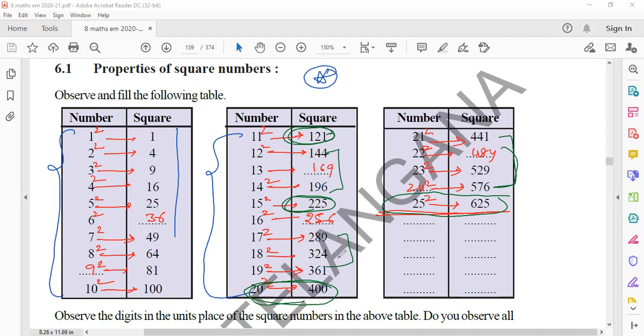In the examination, when we get 13 square we need not calculate it. We can say that 13 square is 169, since we have already remembered it. Okay, right? So please copy all the things. The squares up to 25 are mandatory for us. Up to 25 we need not calculate, we need to understand it. It is clear, right?